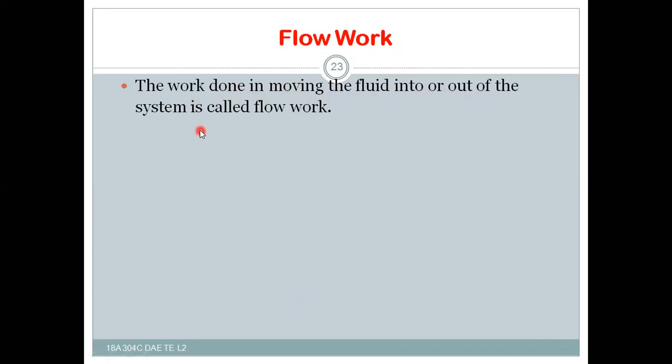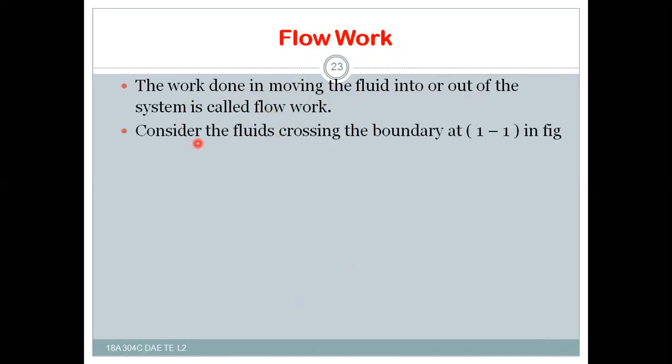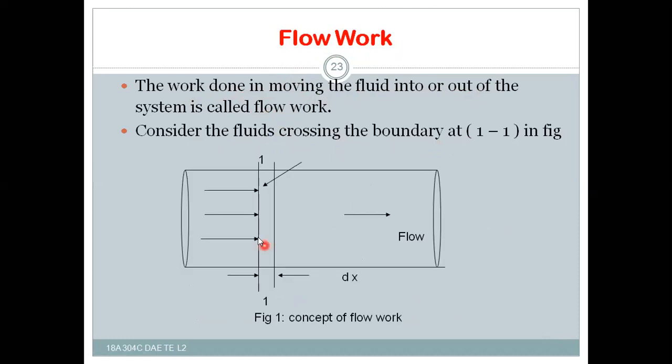Consider the fluid crossing the boundary at section 1,1 in the figure. If it is crossing section 1,1 with a dx thickness, the area of this is A.